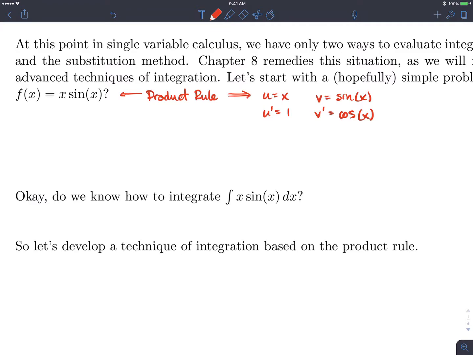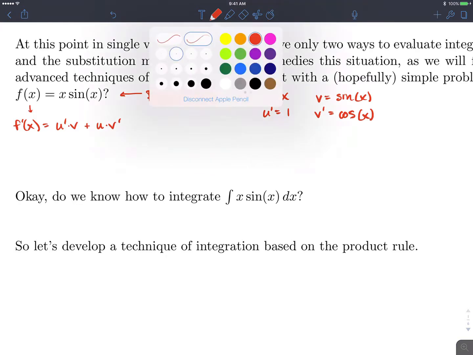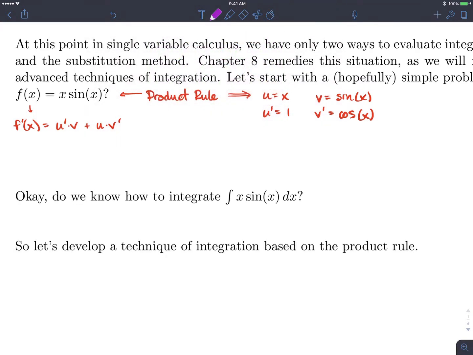And we know that the product rule tells us that f prime of x is going to be u prime times v, the derivative of the first times the second, plus the first times the derivative of the second. And now we just plug in our u prime and v prime to get our derivative.